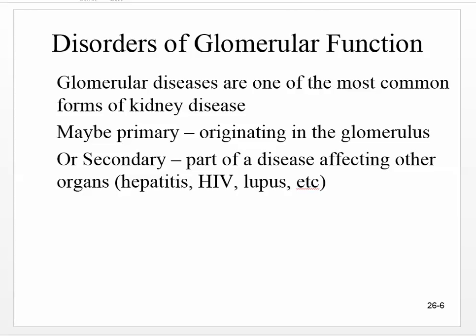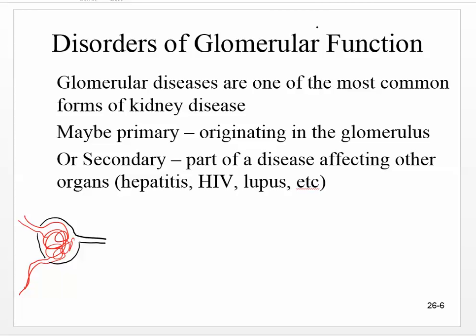Okay, so first thing we're going to talk about, since we're talking about this glomerulus, is the afferent arteriole, the glomerulus, and the efferent, and then that's of course surrounded by Bowman's capsule, and then feeds into the nephron. So we're going to start out talking about disorders of glomerular function.